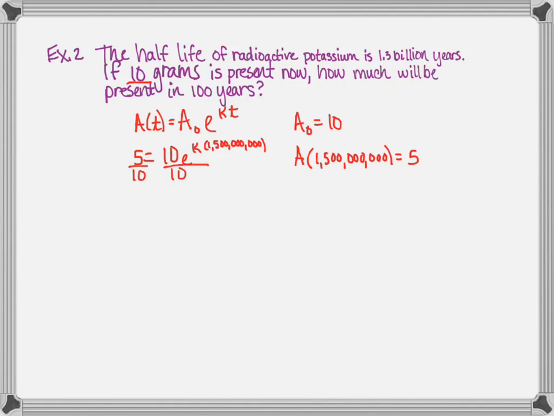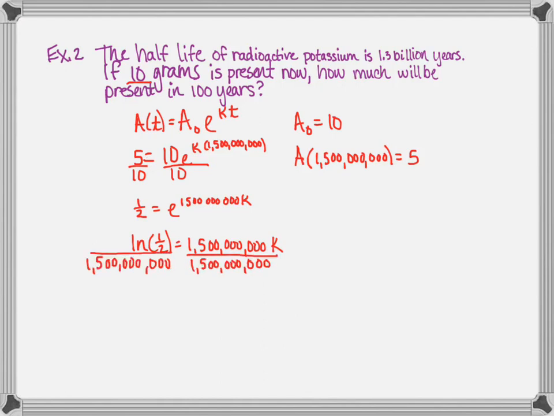Divide both sides by 10, and 1/2 = e^(1,500,000,000k). We'll rewrite it in log form: log base e, which is the natural log, of 1/2 = 1.5 billion times k.